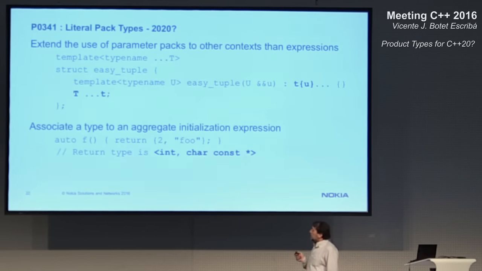This proposal tries to extend where we can use parameter packs. Today we can use them only in expressions, and this proposal will allow us to define in an easy way this tuple class that will contain one element, one field, for each one of the types passed as parameter.